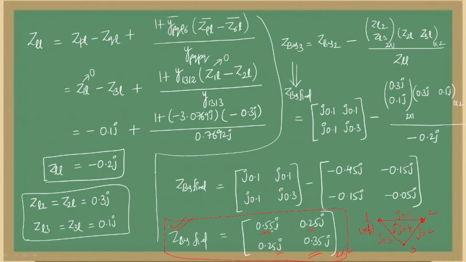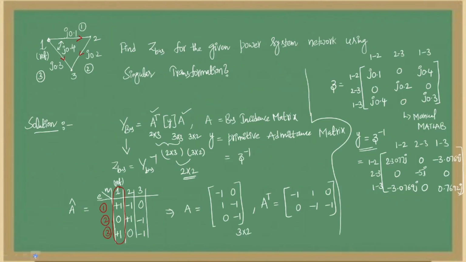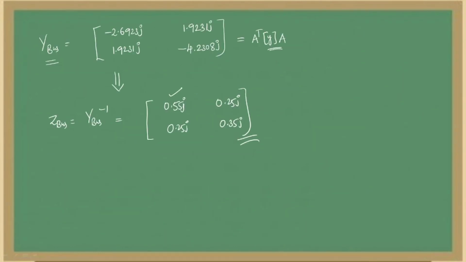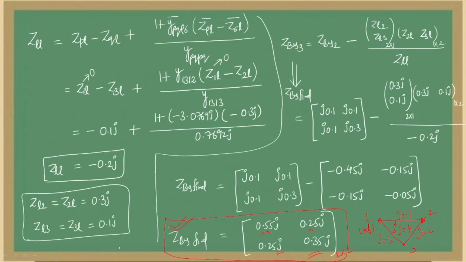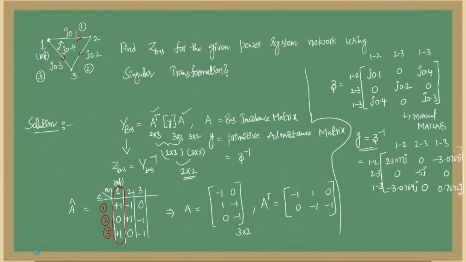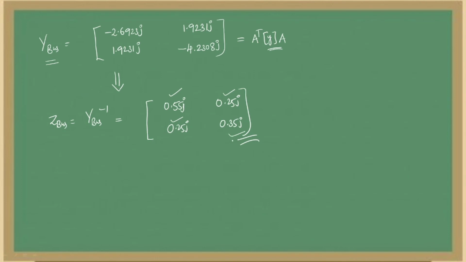Okay. So let me check my answer with the answer which we have already obtained. First element is 0.55, second element is 0.25, third element is 0.25, and the fourth element is 0.35j. So we got the same answer.